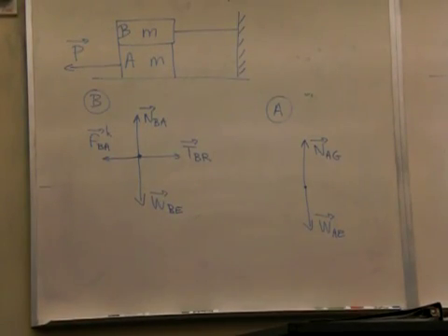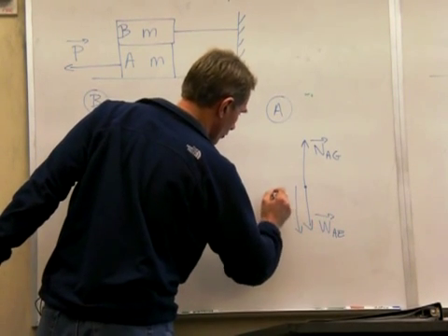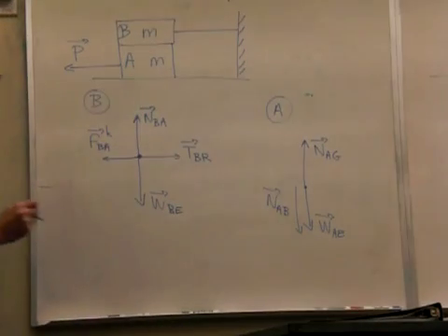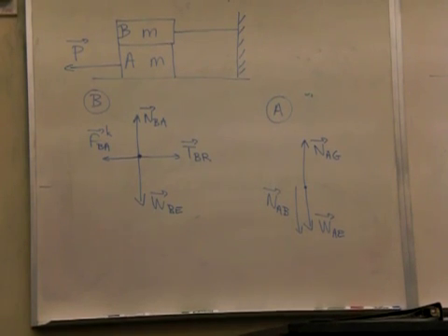And what about the normal force by B? It's pointing down. So there is a normal force acting on A by B. What else do we have? Friction pointing to the right.